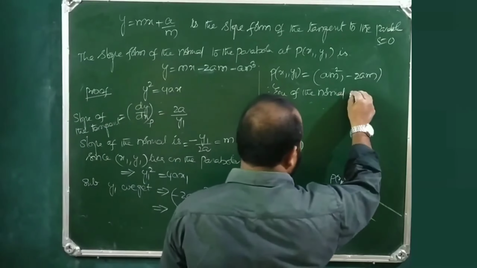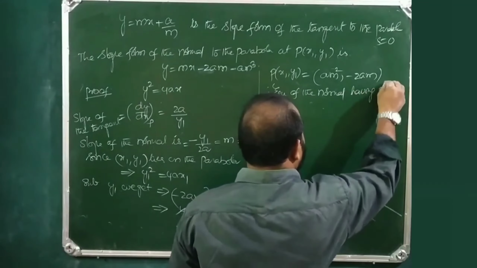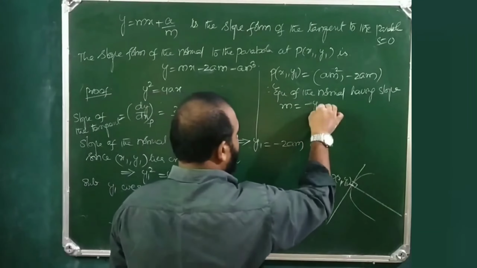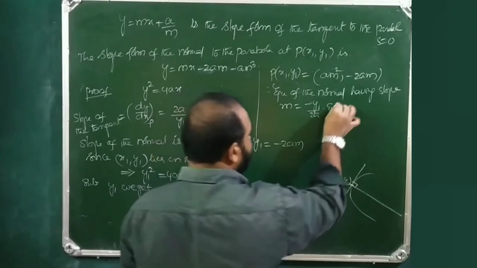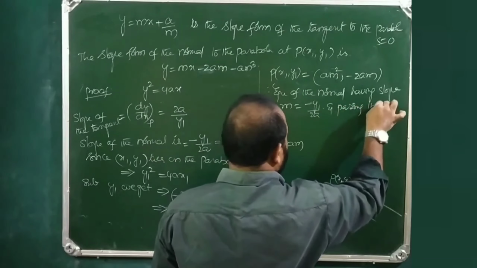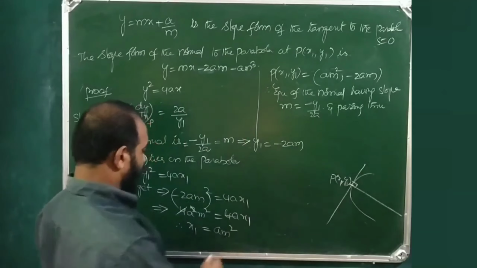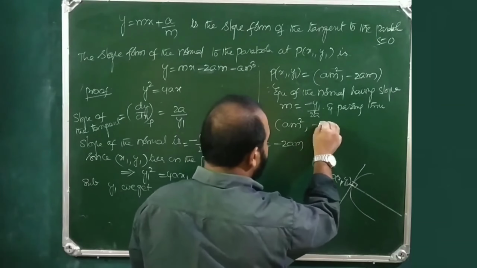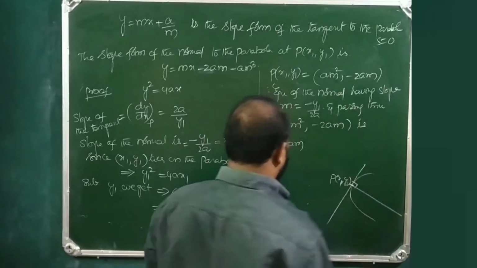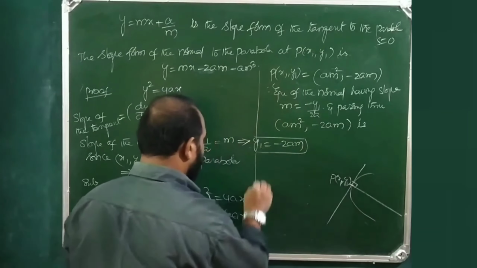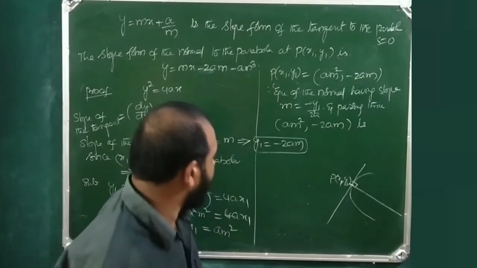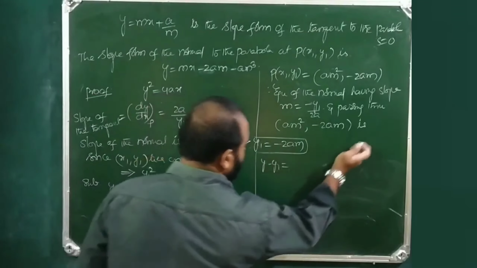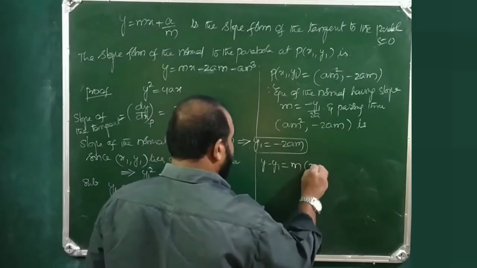So the equation of the normal having slope m equals -y1/2a and passing through the point (am², -2am) is by the slope-point formula: y - y1 = m(x - x1).